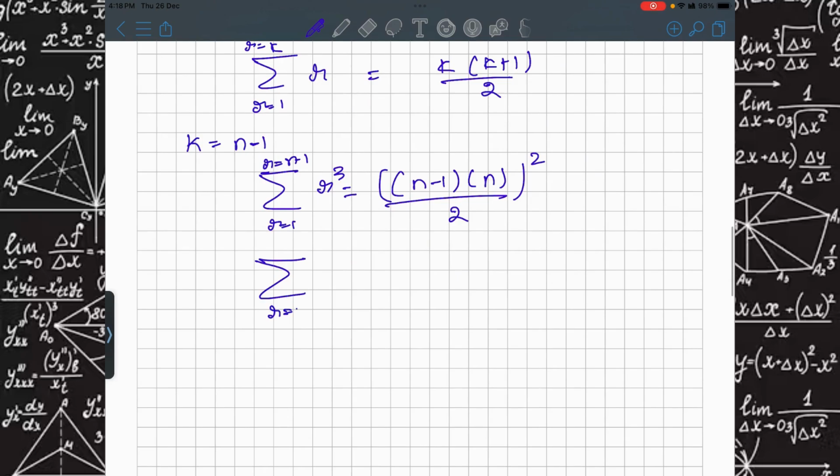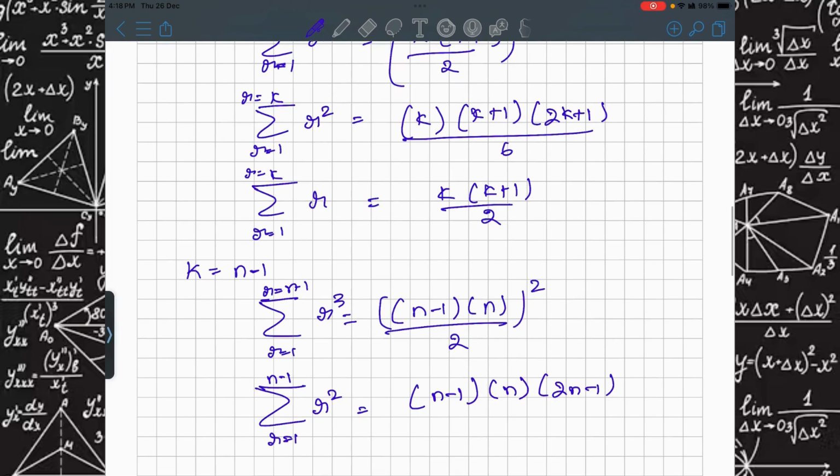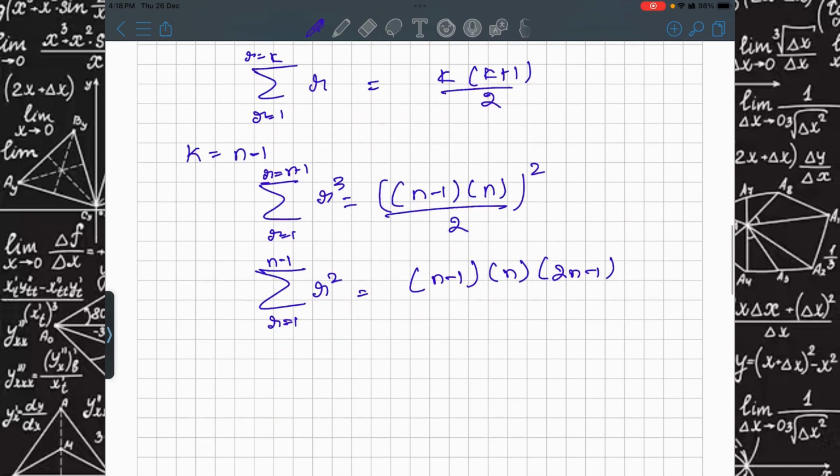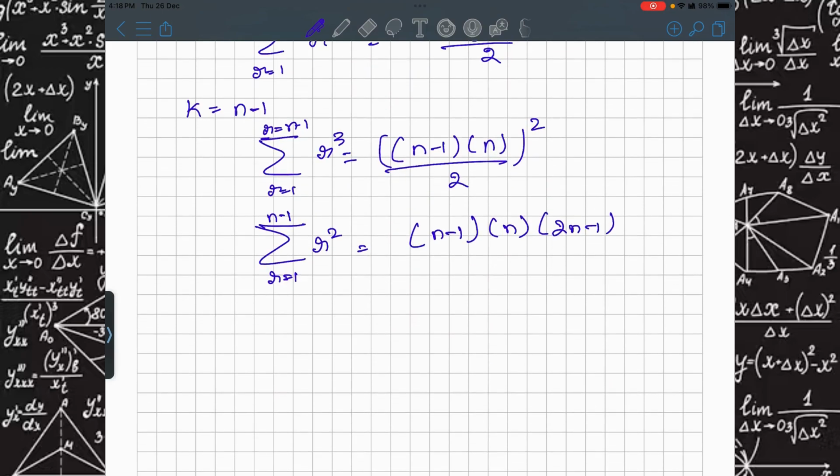Similarly, r equals to 1 to n minus 1, r square equals to n minus 1 times n times 2n minus 1. Be careful of this. Okay, you have to put n minus 1 here. Many people, I have seen many people who always make some mistake there.